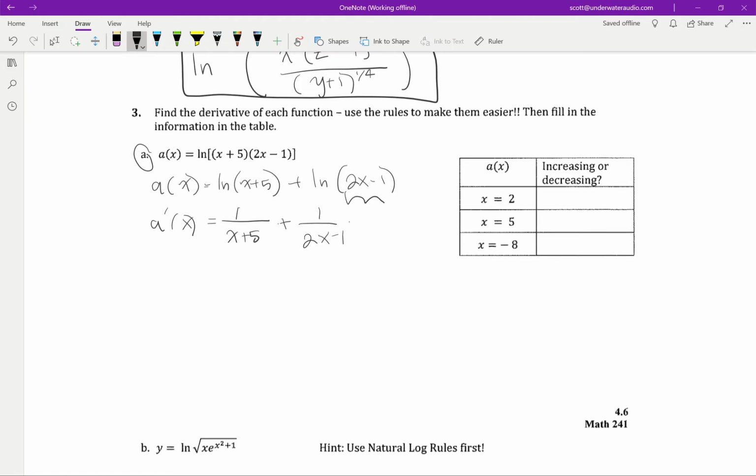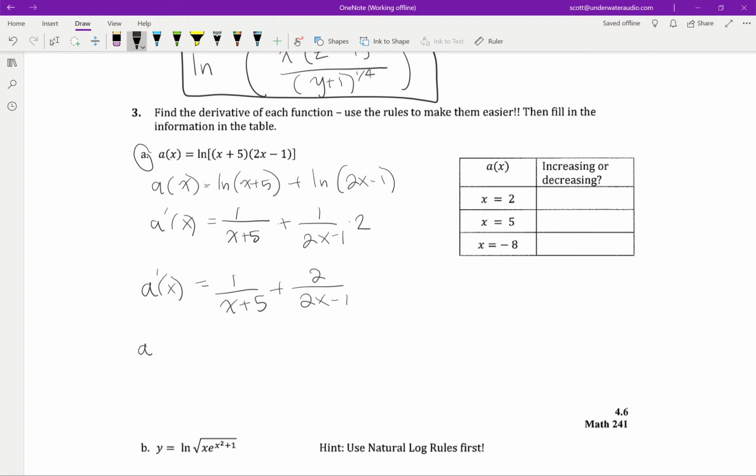Derivative of the inside part is just 2. So I get 1 over x plus 5 plus 2 over 2x minus 1. And I need to figure out a prime when x equals 2.